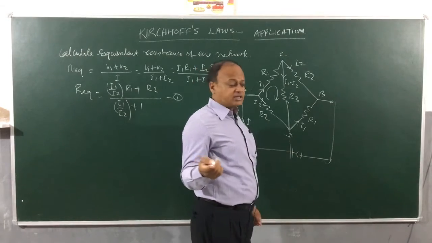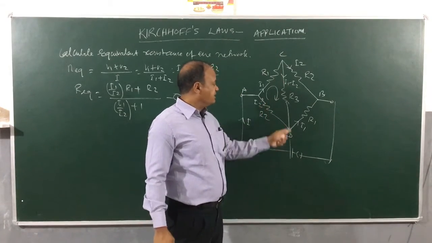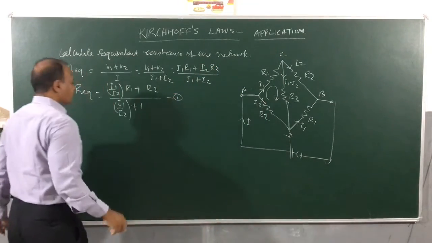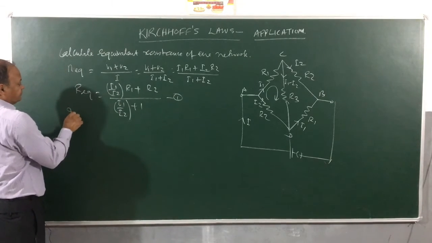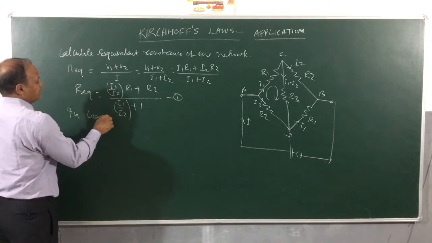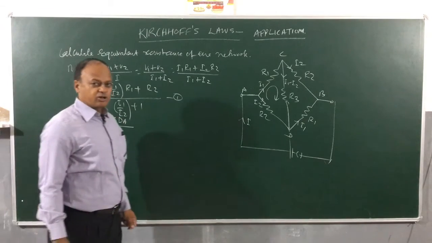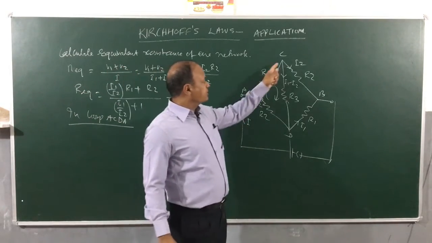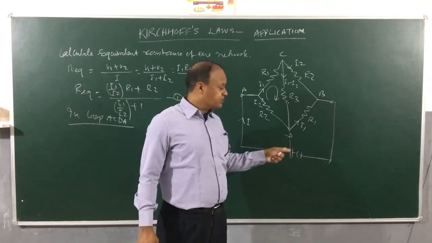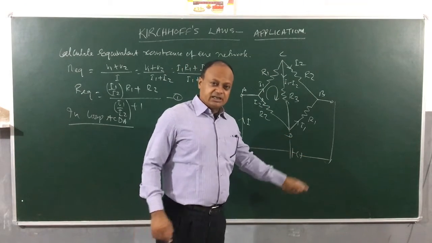Any loop I can take. For example, I am taking A, C, D, A. So I will say here in loop A, C, D, A. You can see that my direction of calculation is clockwise. So I1 is positive, I1 minus I2 is also positive, but I2 is negative.